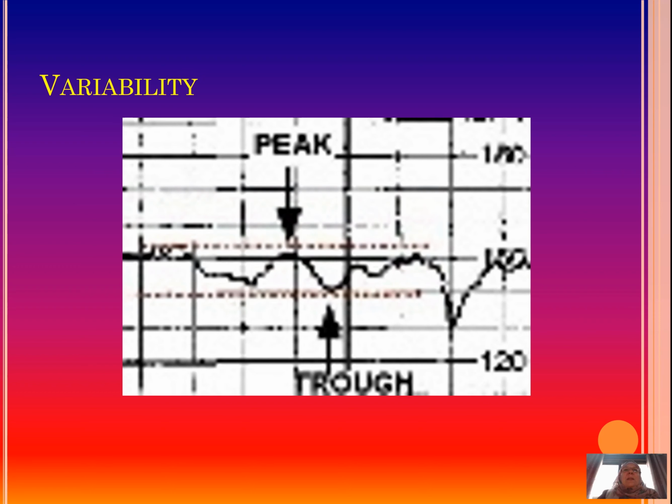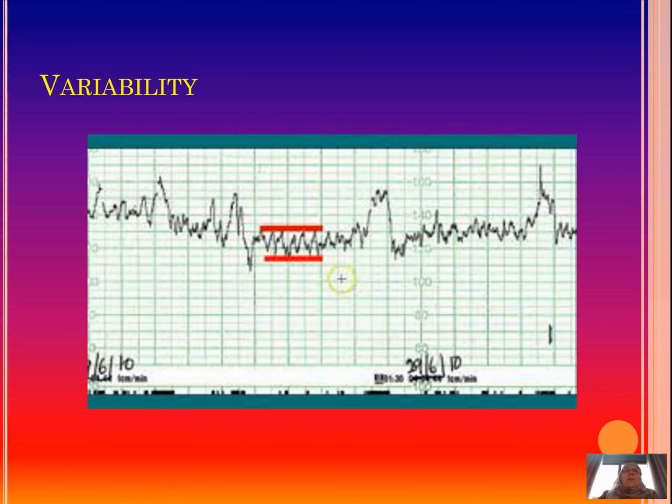The beat-to-beat variability is meant to be the little squiggly up and down of the baseline, and the number is between the peak and the trough of this feature, and here you can see it marked. This is the variability, and on this CTG you can see a normal variability, and you can also see several accelerations again.